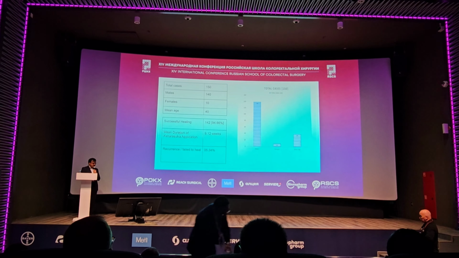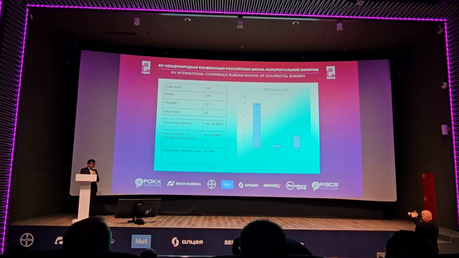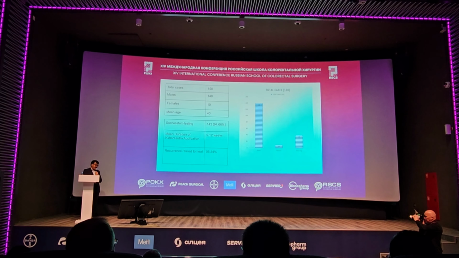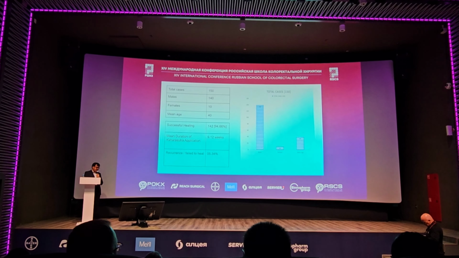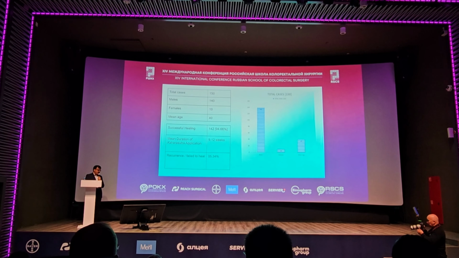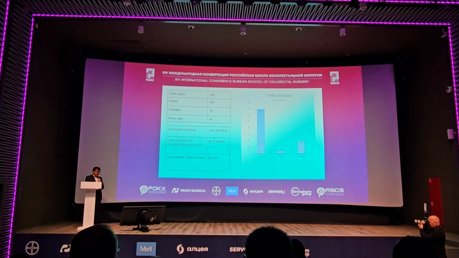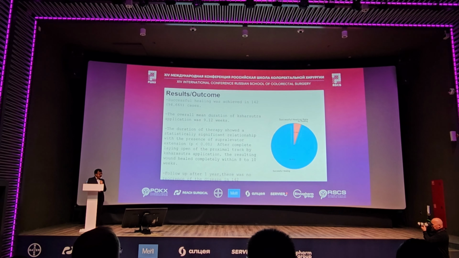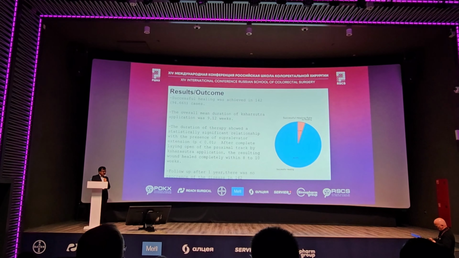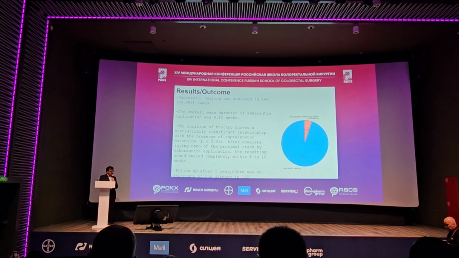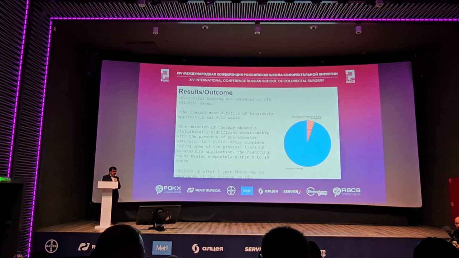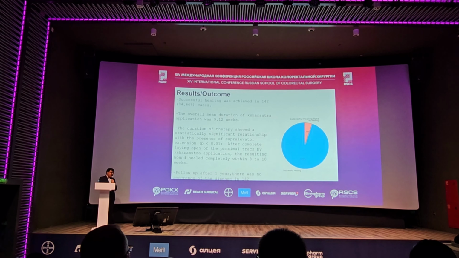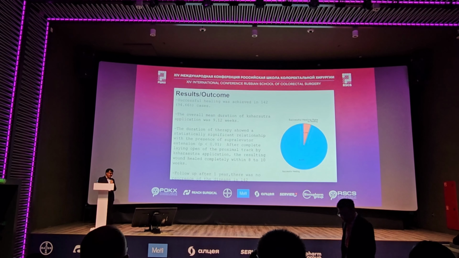We achieved successful healing in 94.66% of cases. The mean duration of Ksharasutra application was 9.12 weeks, and a few patients failed to heal, 5.34%. The duration of therapy showed a statistically significant relationship with the presence of supralevator extension.